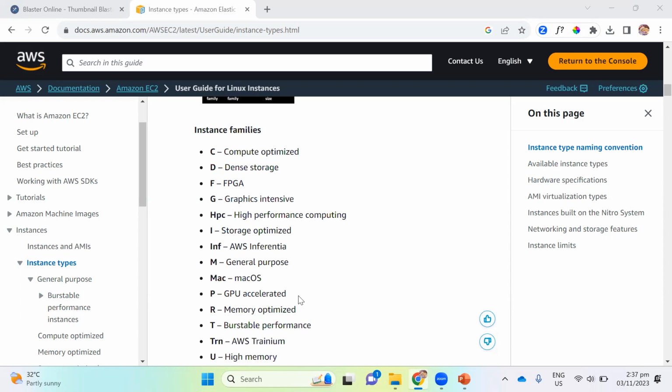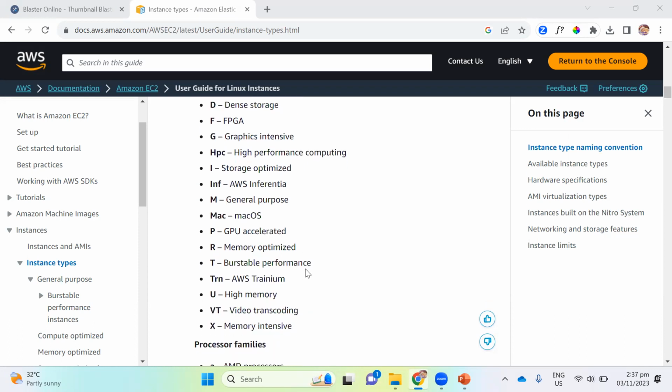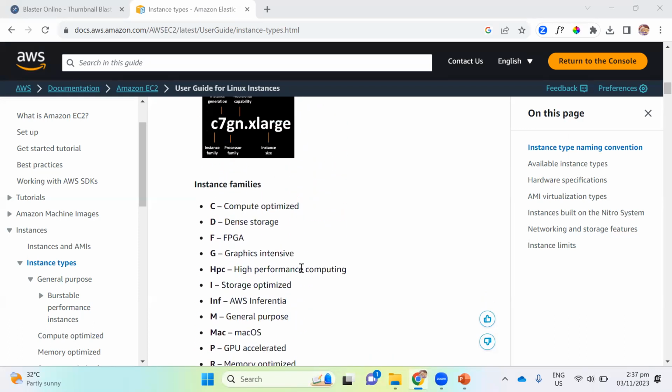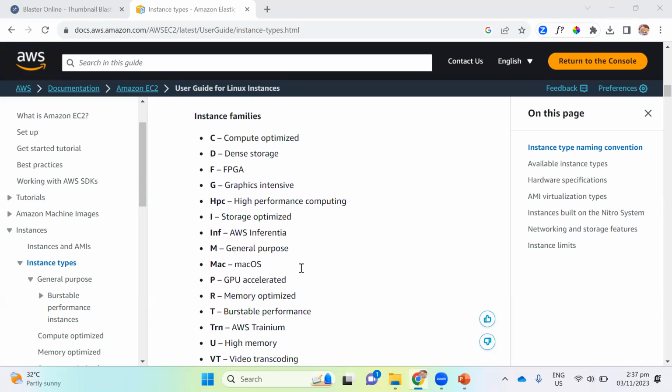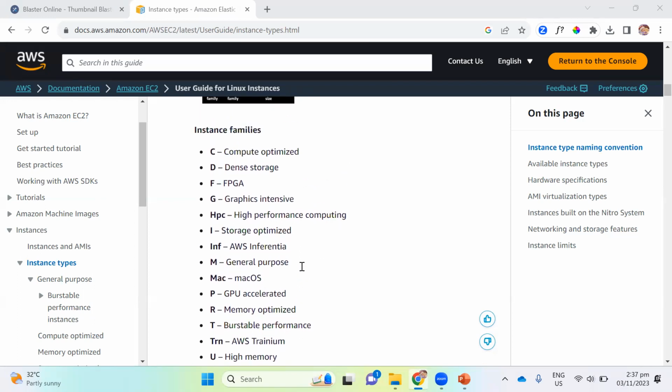But for AWS Cloud Practitioner, it is not mandatory to remember these instance families, but it is very good to understand about it. So no need to memorize the instance families details for AWS Cloud Practitioner, but try to get a high level understanding.